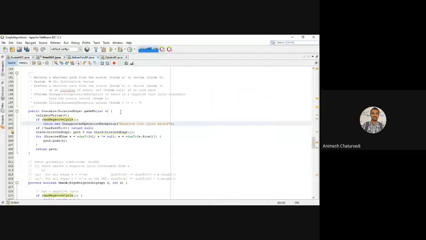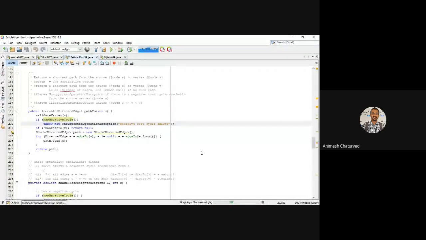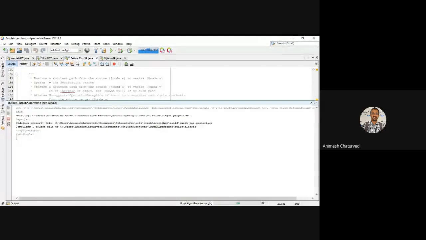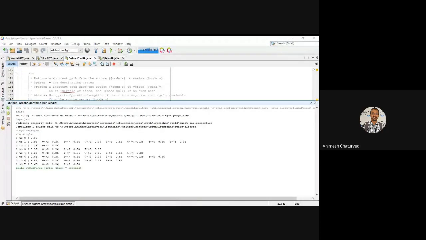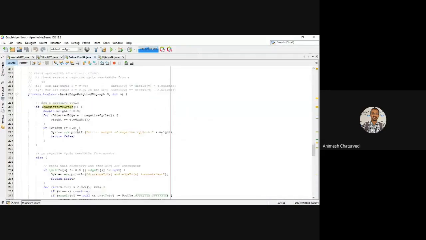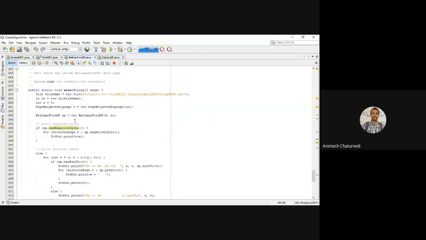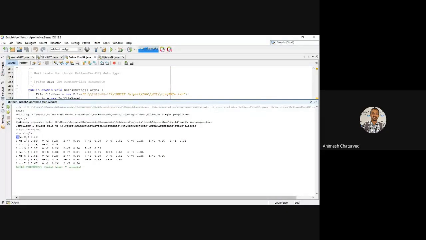So we'll just simply execute it, and it will show this type of result. Source is defined as 0 in the main algorithm, meaning vertex 0 will be the source.